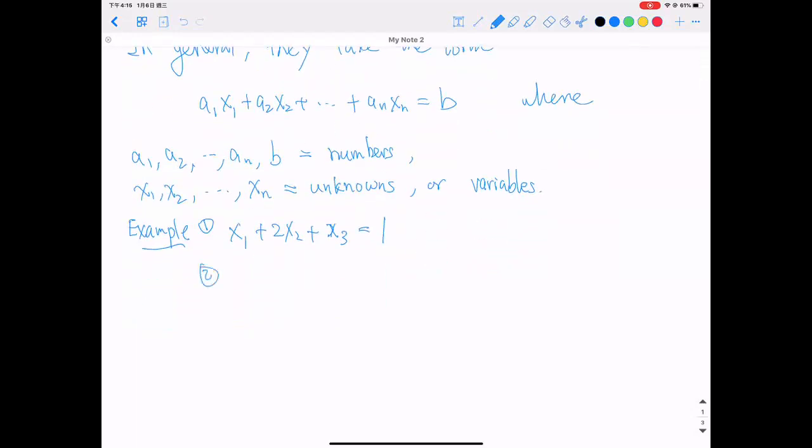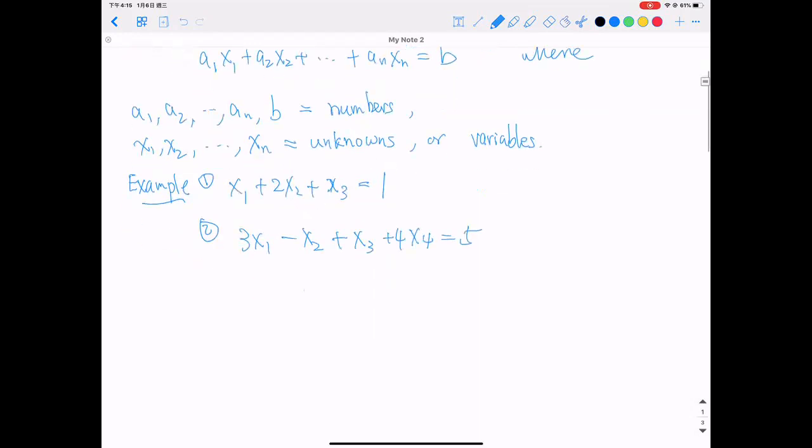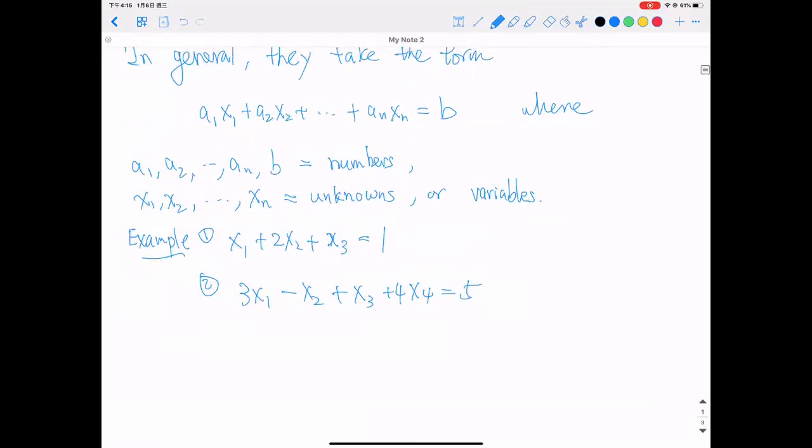You could also have 3x1 minus x2 plus x3 plus 4x4 equals 5, for example. Now, anything that's not of this form is not a linear equation.